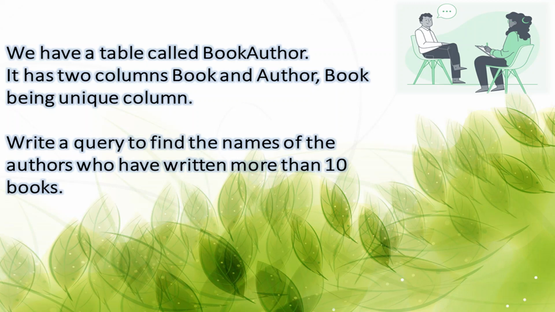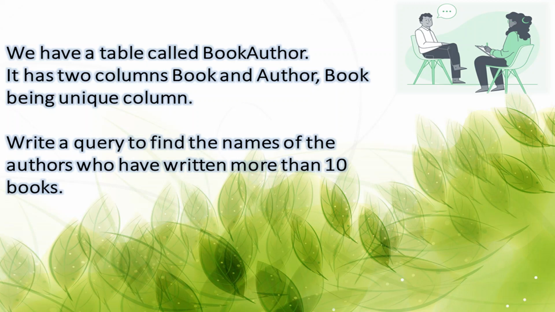So my query will be: select book id, for example, comma count of author, from this book author table, and group by author name, having count equal to or greater than 10. Will that work?